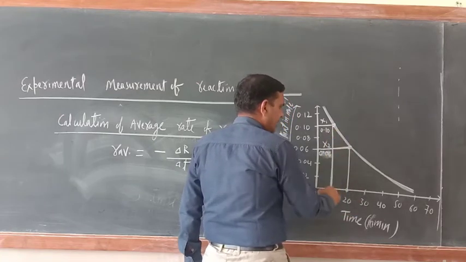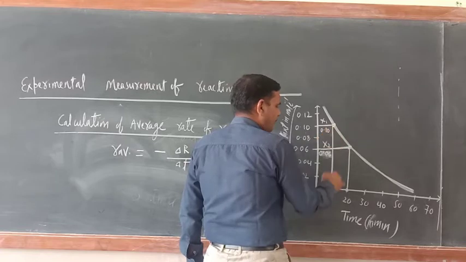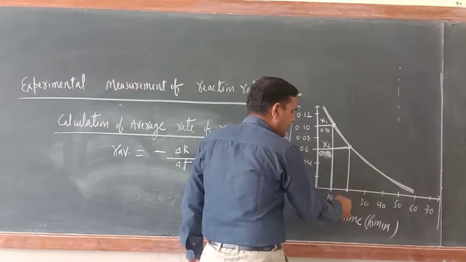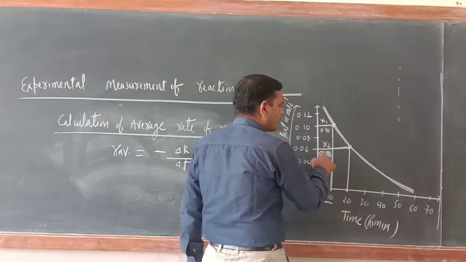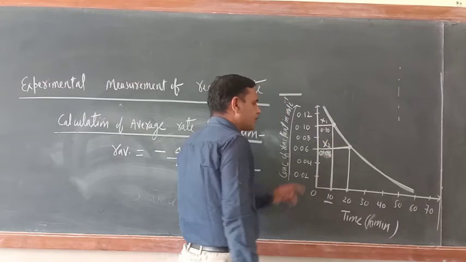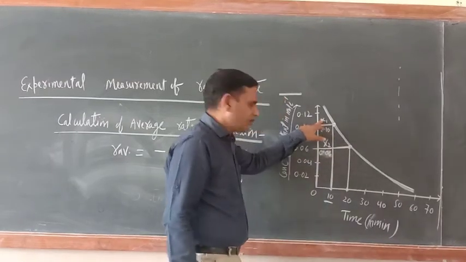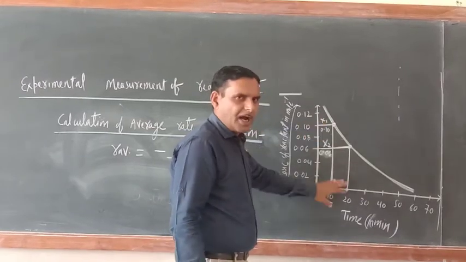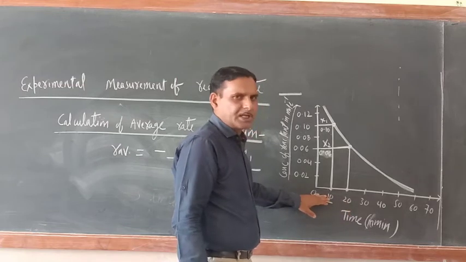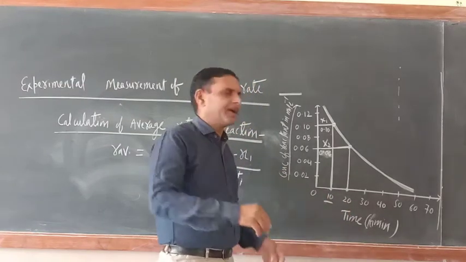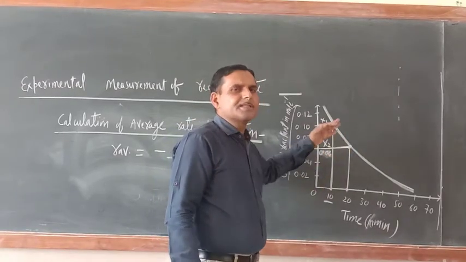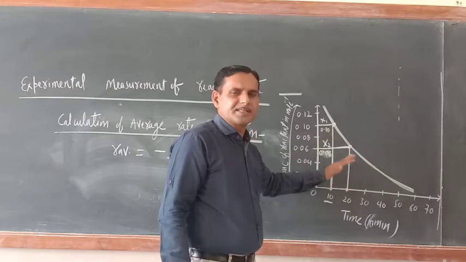The initial concentration was 0.10 at 10 minutes, and the final concentration at 20 minutes was found to be 0.06. Here x2 is the final concentration, x1 is the initial concentration, and t2 is 20 minutes, the final time, and t1 is 10 minutes, the initial time. We are selecting two points in the graph with corresponding times, and this graph is known as the time-concentration graph.